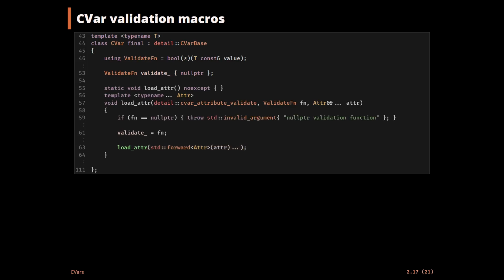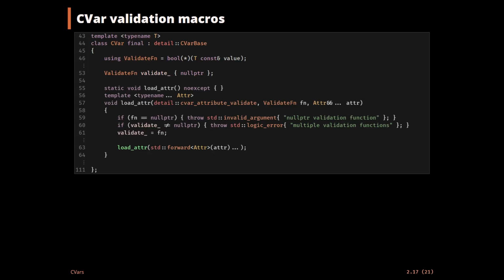So the first thing I'm going to check for is that function is not a null pointer. If you're trying to say, all right, my validation function should be a null pointer, then you shouldn't have done CVar validate. Then we're going to check that the actual field was a null pointer. Right, the field we have right now must be a null pointer, otherwise that means that somebody tried to pass in multiple validation functions, and that's the whole kind of worm I don't want to get into. So single validation function.